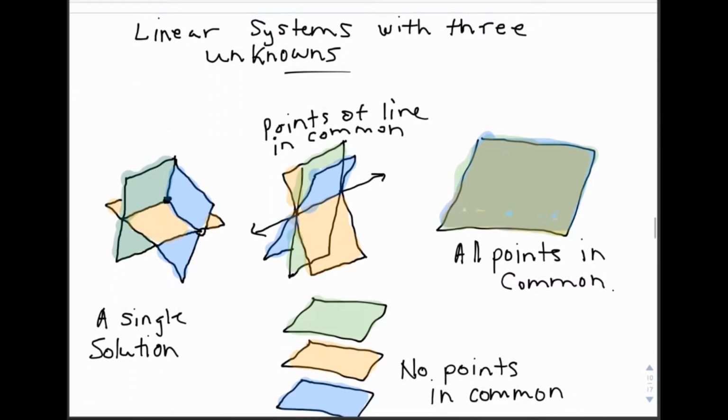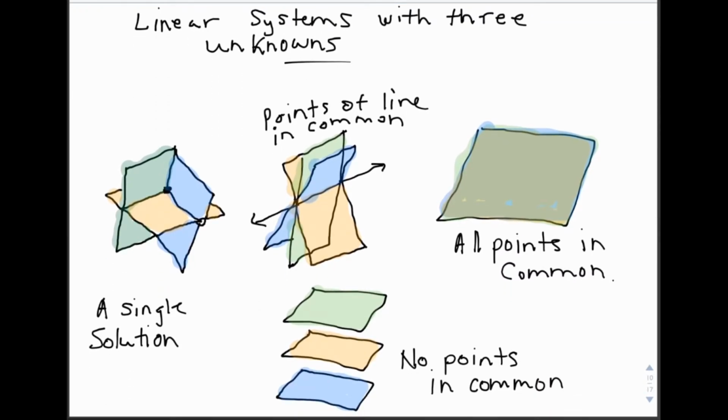Okay, so let's look at linear systems with 3 unknowns. We can have approximately 4 different types of solutions here. Think of these as pieces of paper. You might have a single solution where all of those pieces of paper merge together into a single point. Also, imagine that these pieces of paper are able to pass through one another.